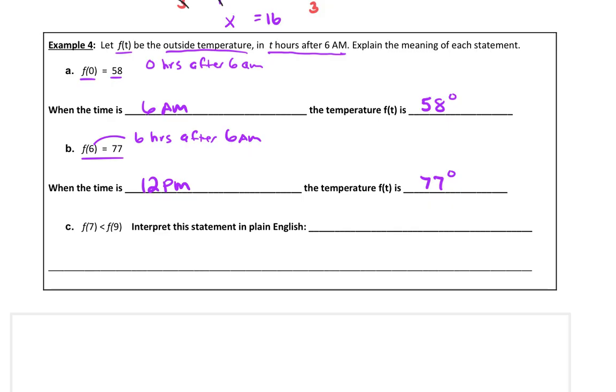All right, this one here: f of 7 is less than f of 9. Interpret the statement in plain English.